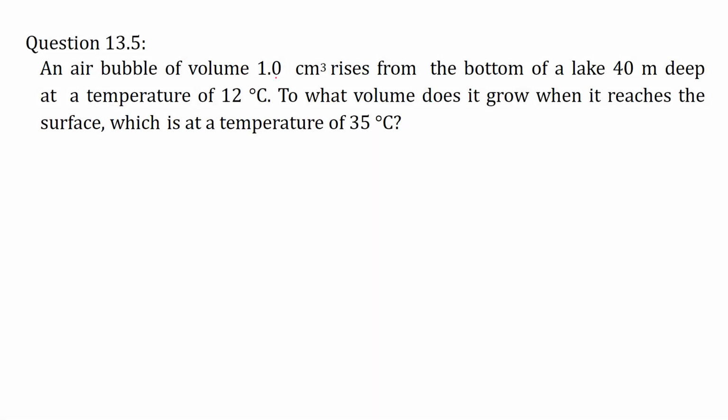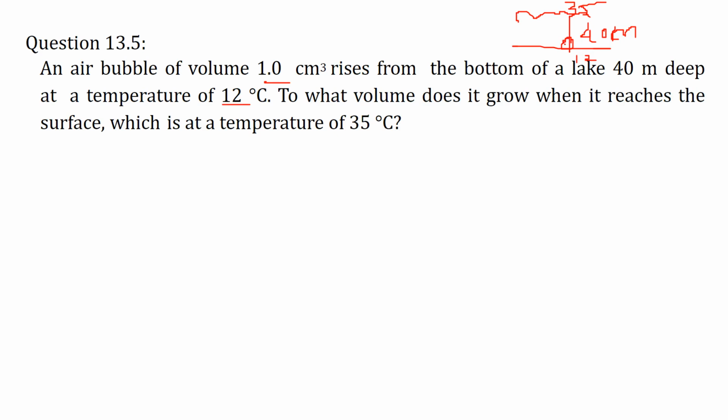An air bubble of volume this much rises from the bottom of the lake. So there is a lake, it is 40 meter deep, and there is a bubble. From 40 meter deep, the temperature is 12 degrees centigrade, and at the surface it is 35 degrees centigrade. To what volume does it grow?